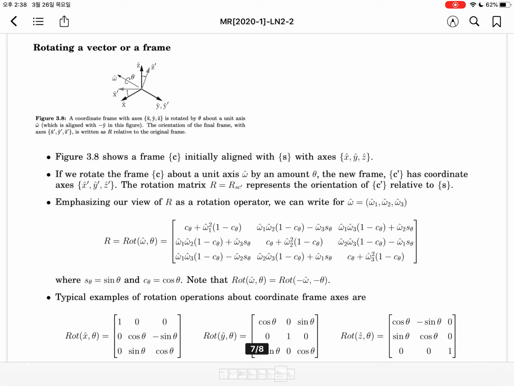Okay, the third role of a rotation matrix is to rotate a vector over a frame. It's the most important concept in this page.